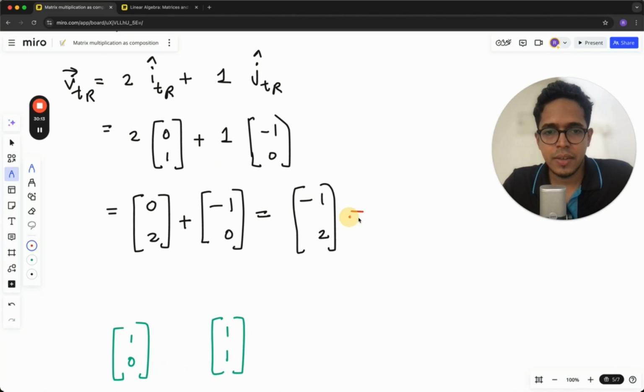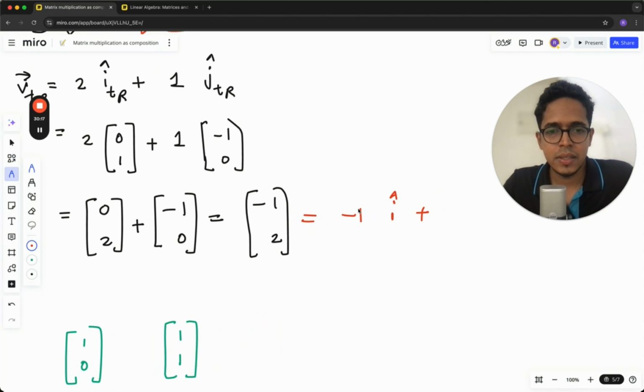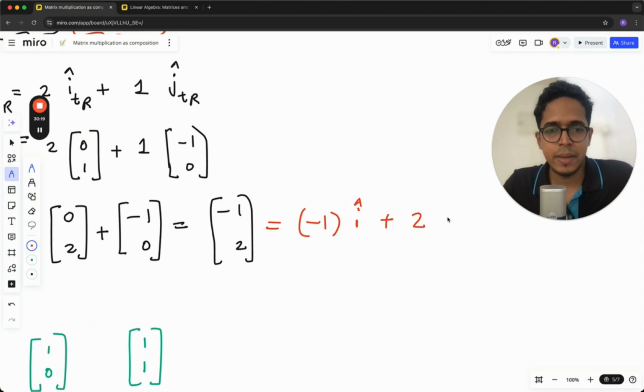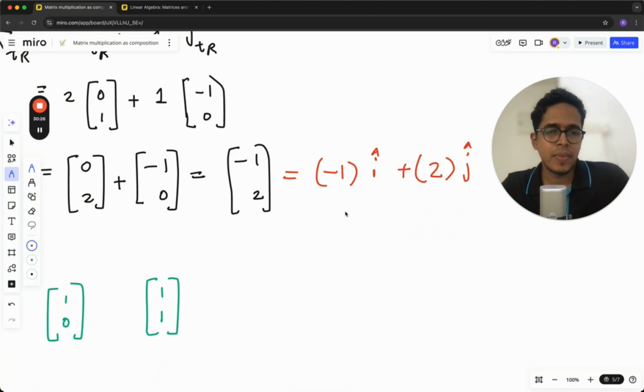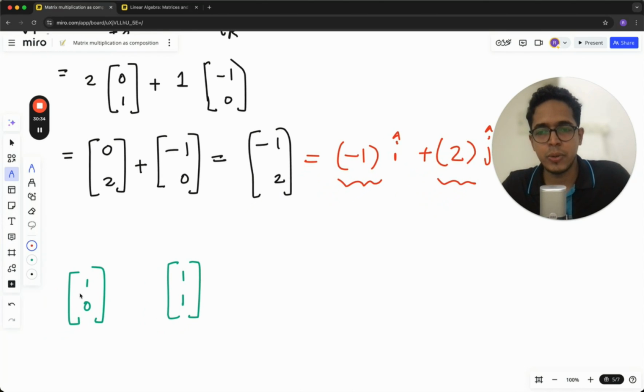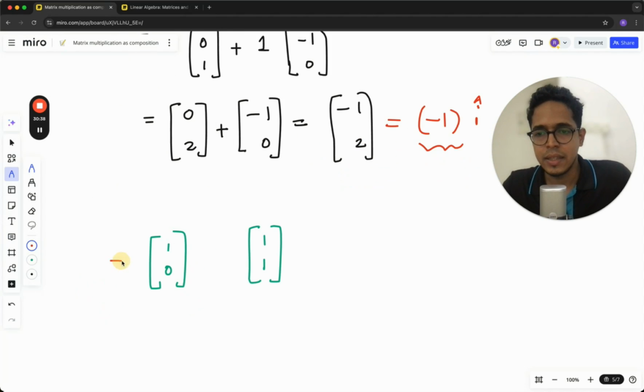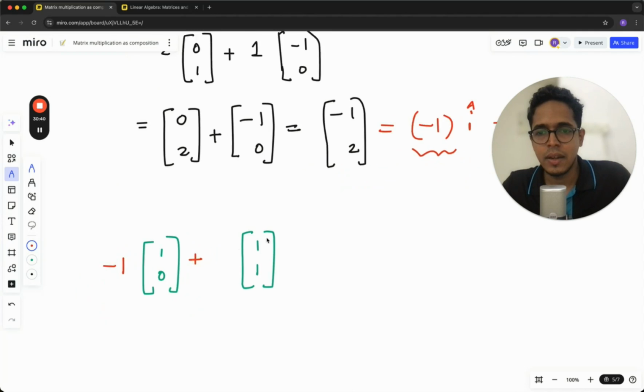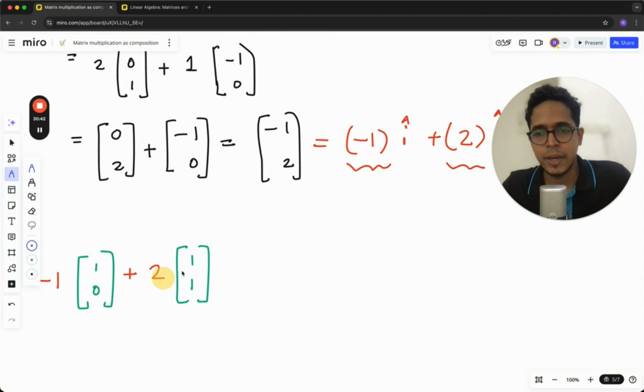So after rotation, we had something like this: -1 times i plus 2 times j. So this is what we had after the first transformation. Now the scaling factor will again remain the same. It will be -1 times i plus 2 times j. So after changing the unit vector to the new position, where this is the new position of i and this is the new position of j, this will be scaled by -1 and this will be scaled by 2.